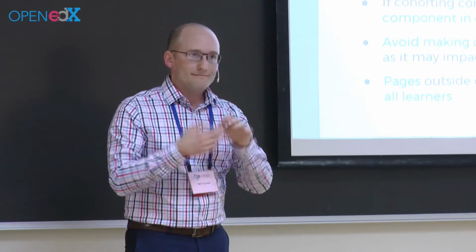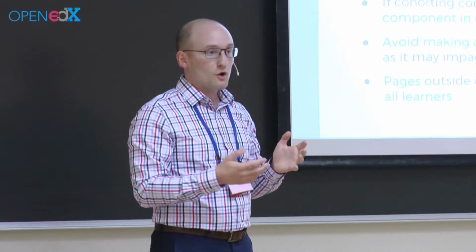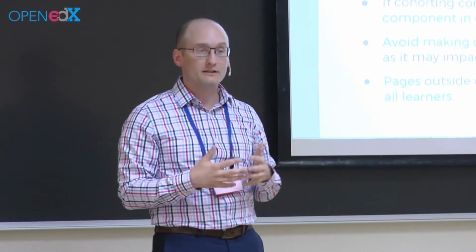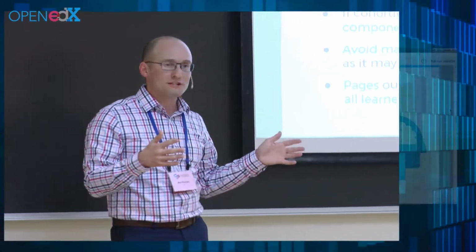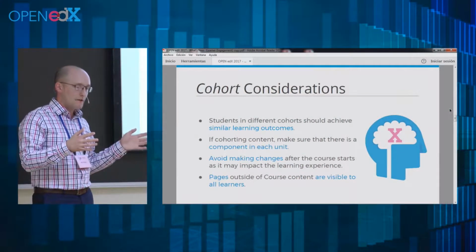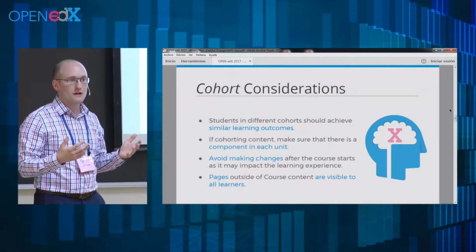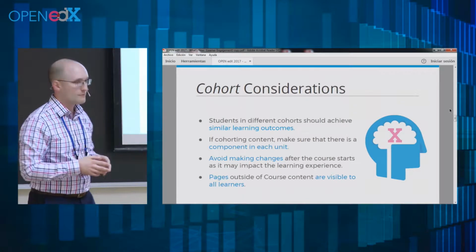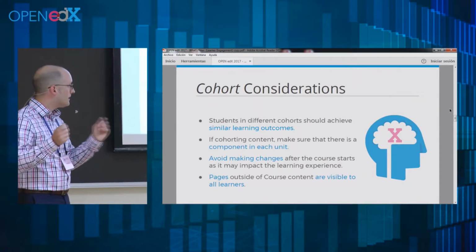So you have to take into consideration what other learners are going to experience when you start using cohorts. It might be obvious, but avoid making changes to cohorts and visibility of content while the course is running. Really, it's a lot of project management up front that will help you to make sure that your course experience is going to be sustained throughout the entire course life.